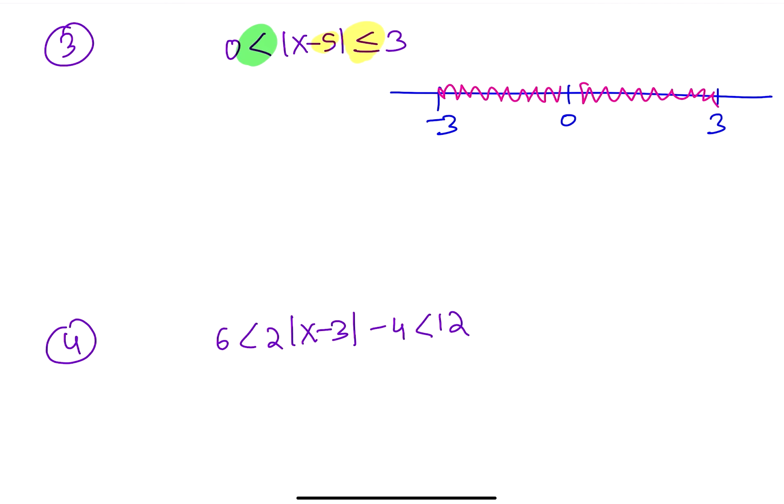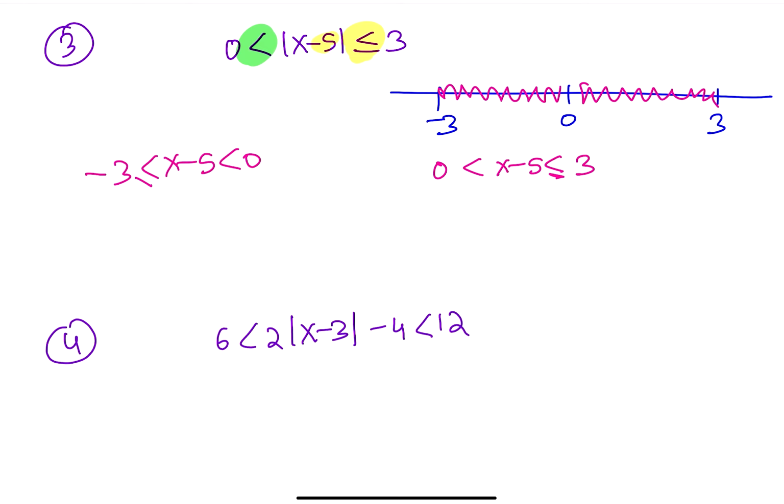That's one of the restricted numbers. So when I separate into two inequalities, I can say the number x minus 5 lies between -3 and 0. It can equal -3, but not equal 0. Or the number x minus 5 lies between 0 and 3, and it can equal 3. Keep in mind the signs.